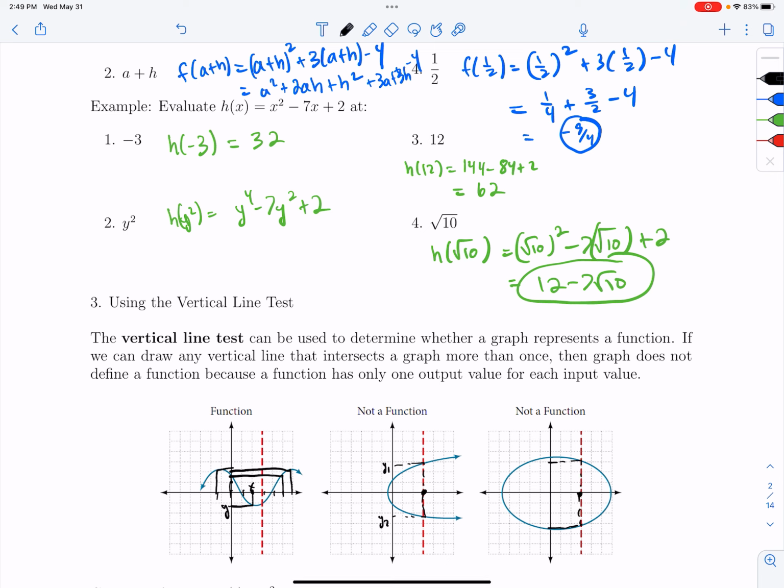So not a function. So that's a quick way to determine whether the given graph represents a function, if it passes or does not pass the vertical line test. And if you have an algebraic equation, if you were to graph that, you could quickly determine whether it's a function by using the vertical line test.